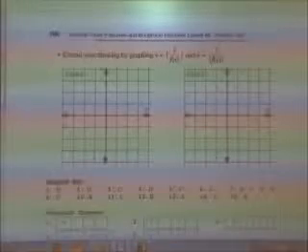The following page says extend your thinking by graphing the absolute value of 1 over f of x and y equals 1 over the absolute value of f of x. What can you tell me about these 2 equations?